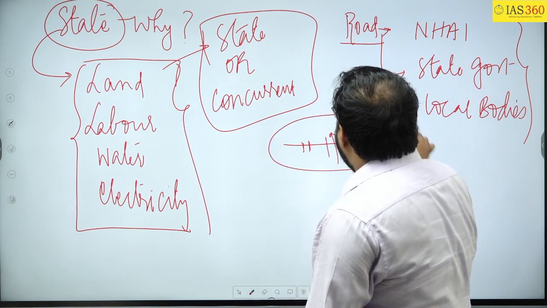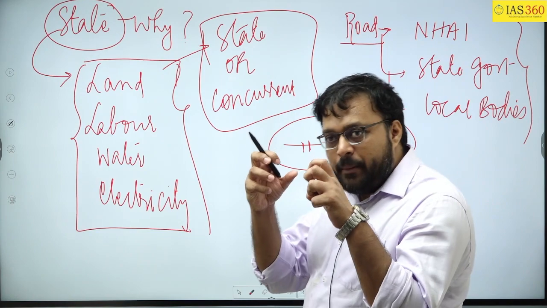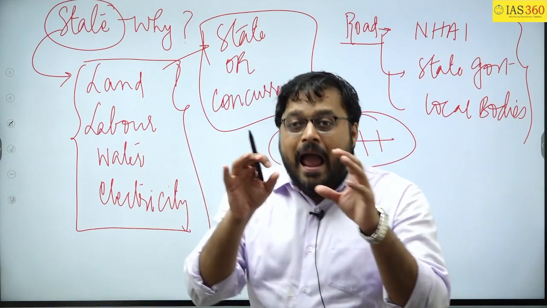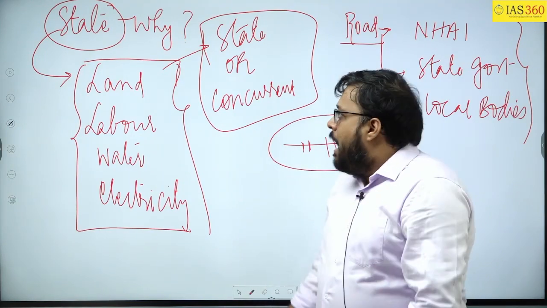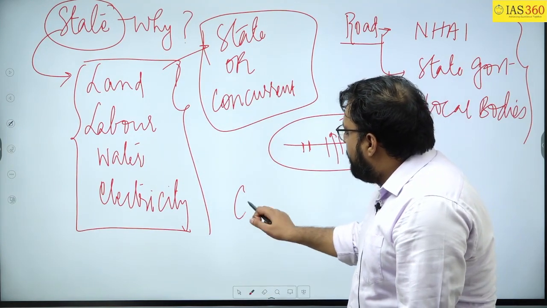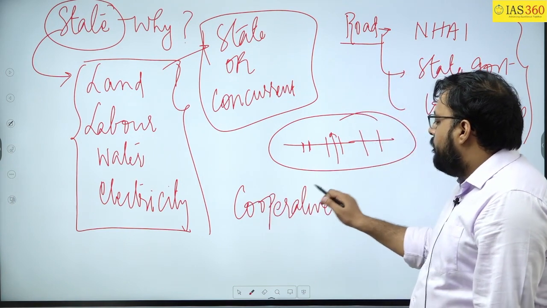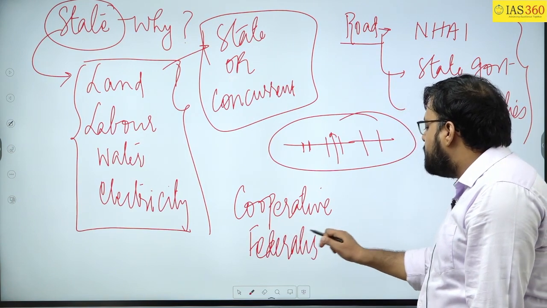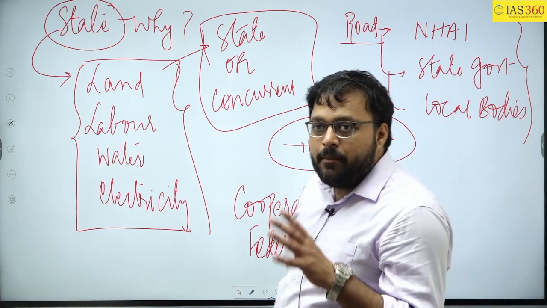It is happening because of the lack of coordination between the different departments of the center, different ministries of the center, and between the different ministries of the center and state. And therefore I say that cooperative federalism is very important. This is the reason that cooperative federalism has been a focus area of the PM Gati Shakti plan.